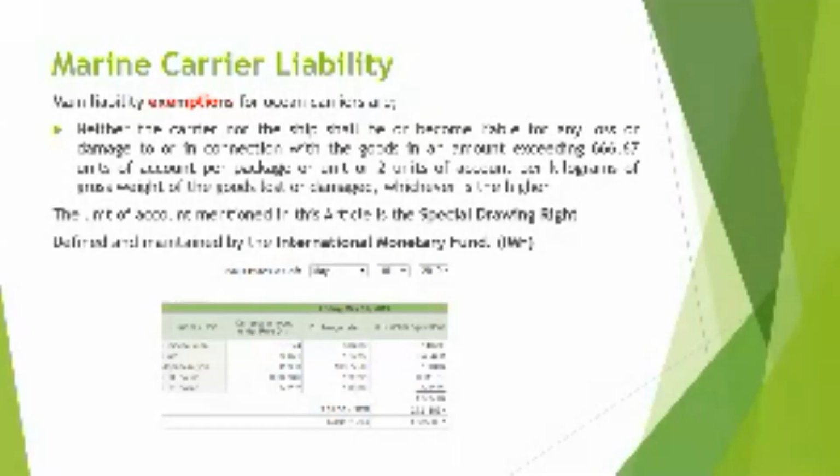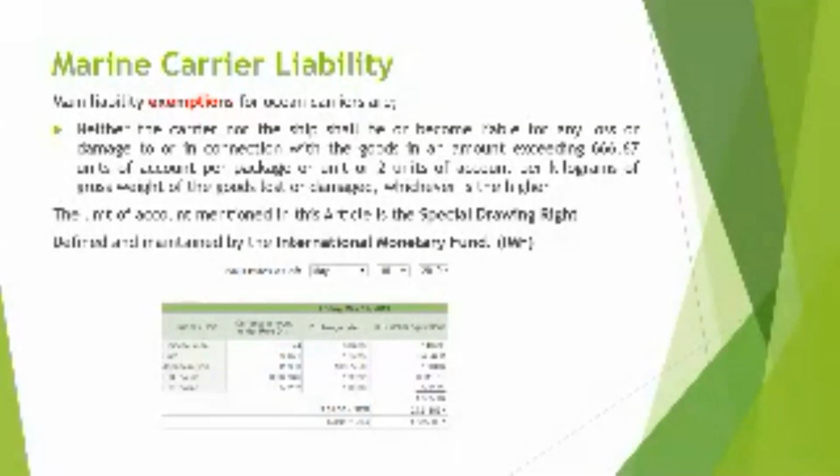They should pay up to the limited SDR, but if the amount is less, they don't pay anything. This is complicated for importers and exporters to recognize, because it's something between shipping companies and freight forwarders to follow.